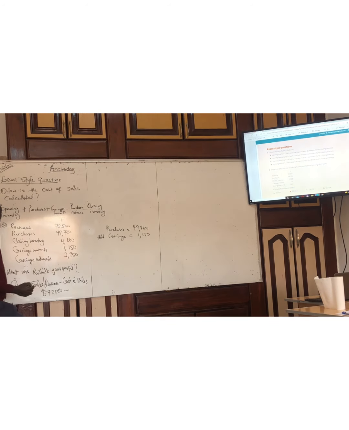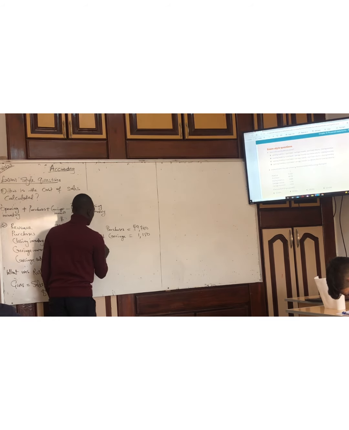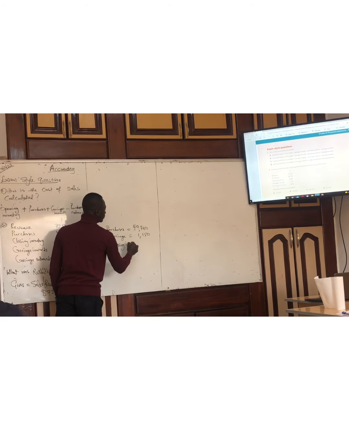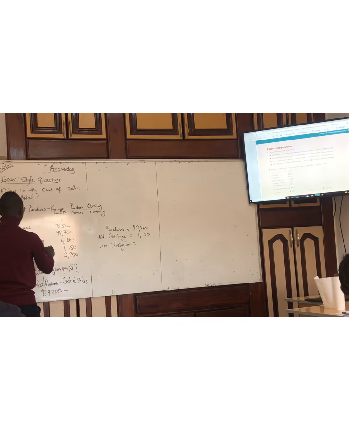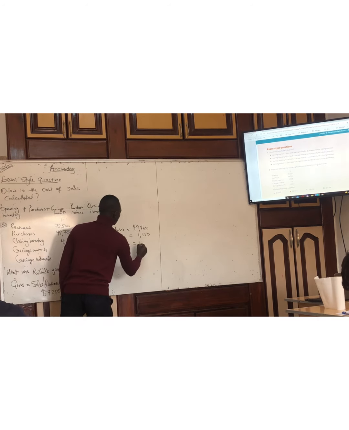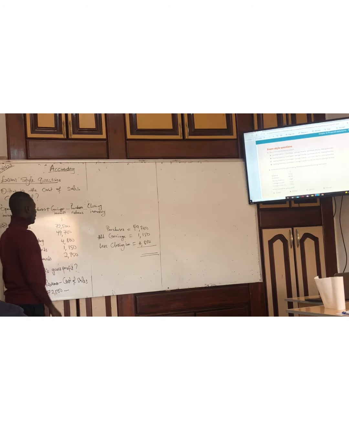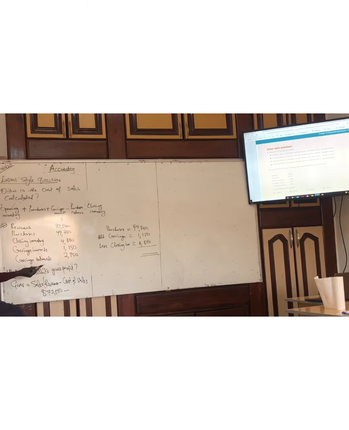What else are you adding up? No, we're going to subtract closing inventory, which is 4,800. What does it give you? 43,000.